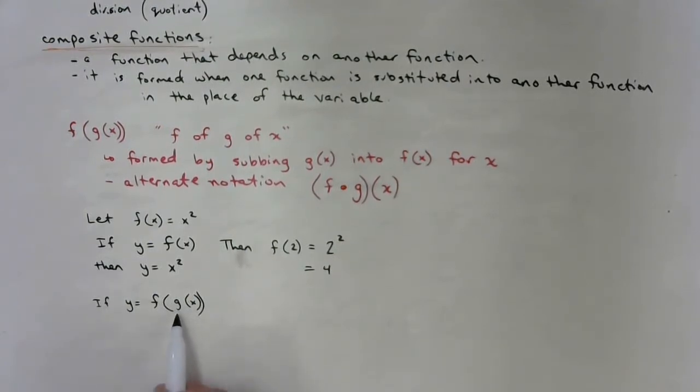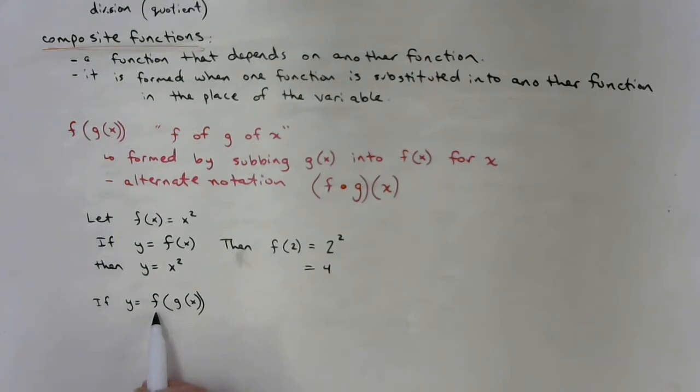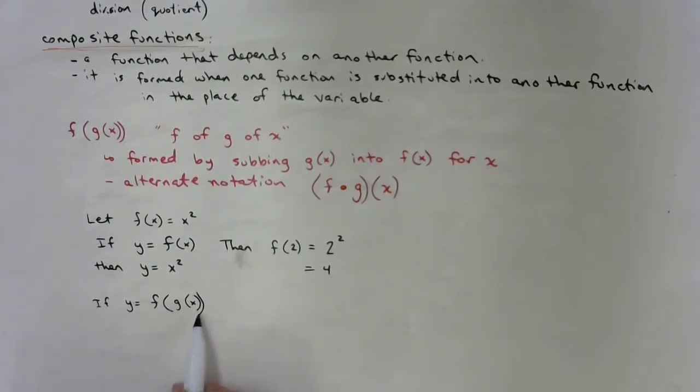So the value of g of x depends on x. The value of the function f depends on the function g of x. So far making sense, kind of, a little bit? Okay, we're going to carry on to example 1.